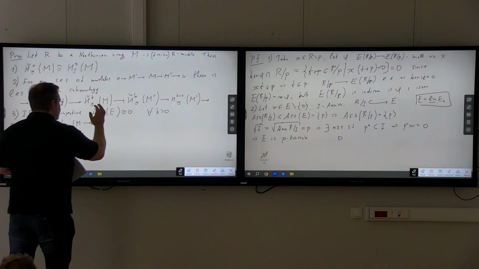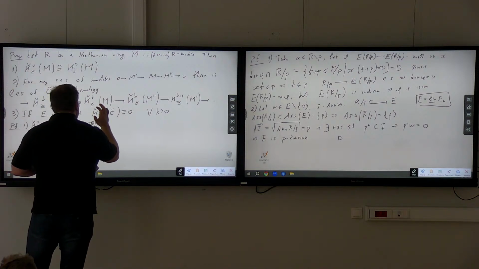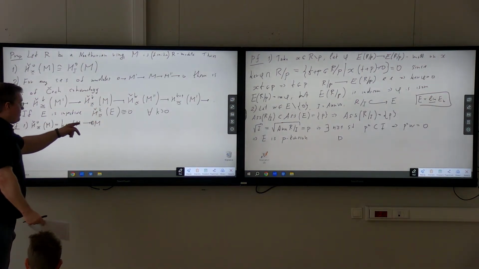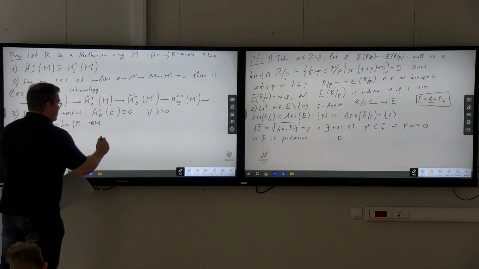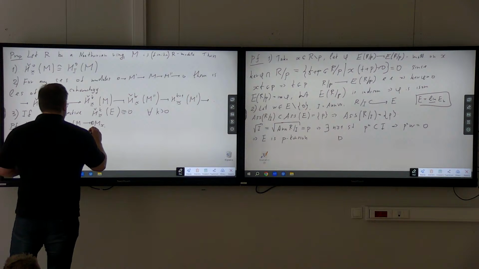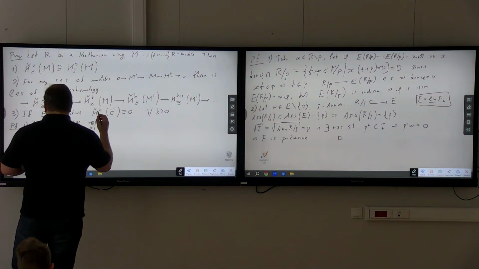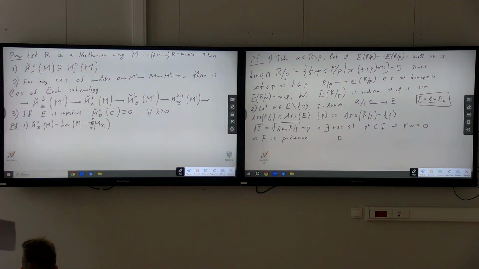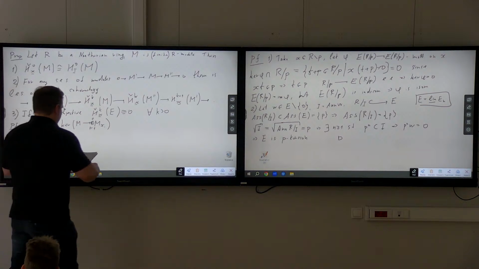I didn't mention this, but it follows from how we derived this presentation of the stabilized Koszul complex that all the maps here are just maps to the localizations, and then you just take the direct sum of these maps. Okay, so this is more or less just looking at the complex. You'll get this is the kernel of this map.